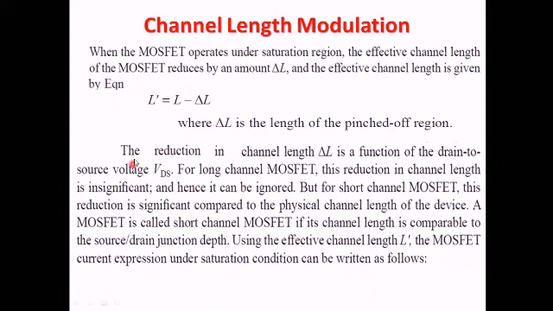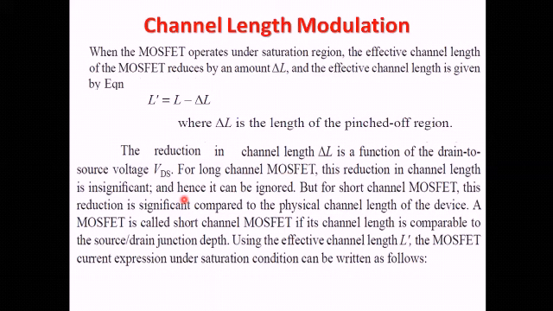Now the reduction in channel length, delta L, is a function of the drain to source voltage VDS. For a long MOSFET, the reduction in channel length is insignificant, and hence it can be ignored.